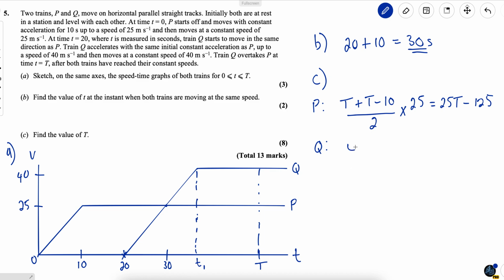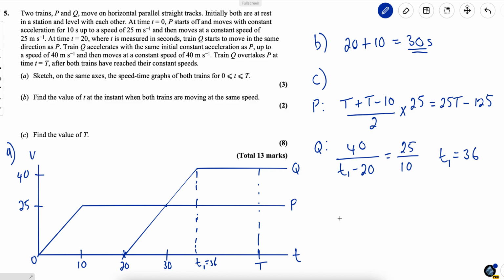So 40 divided by T1 minus 20. And I know that the gradient is equal to this gradient here, which is 25 over 10. So rearranging this, I get that T1 is equal to 36. So I'm going to mark that on here.